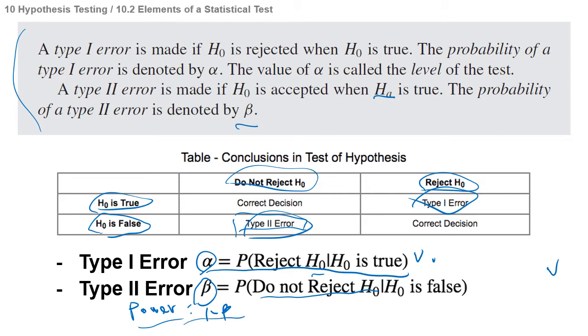If we have a large amount of power, then if H0 is false, the probability of rejecting the null is higher. So we want a test with large power because most of the time we want to reject the null hypothesis.